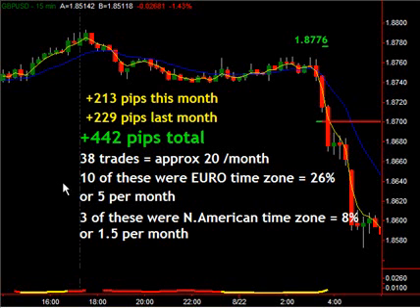What I mean by that is, if you're in the North American area and you sleep between 11 p.m. and 5:30 a.m. or 6 a.m., I noted whether those occurred during the exclusive Euro time and whether they occurred during the exclusive North American time. And you can see that approximately 5 a month of the trades occur during that time.